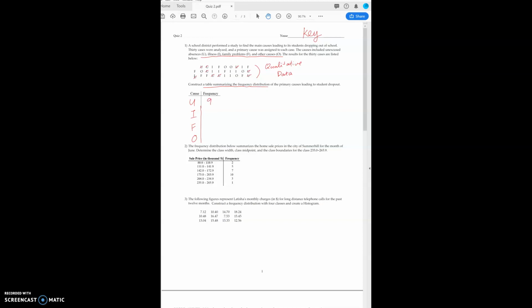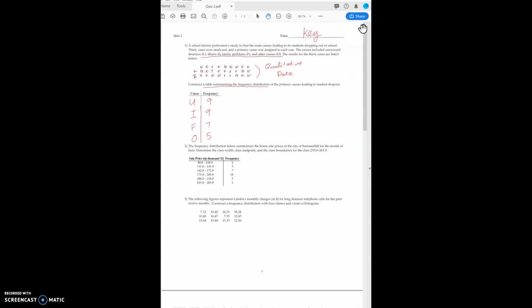We have 1I, 2, 3, 4, 5, 6, 7, 8, 9. We have F, 1, 2, 3, 4, 5, 6, 7. And then O, 1, 2, 3, 4, 5. So that's question number 1.